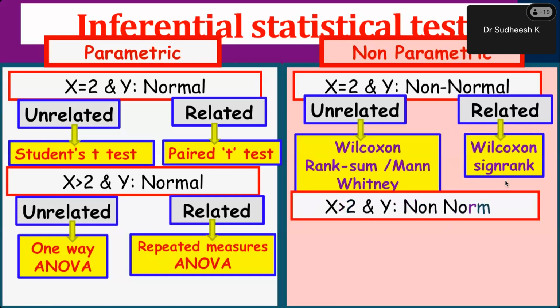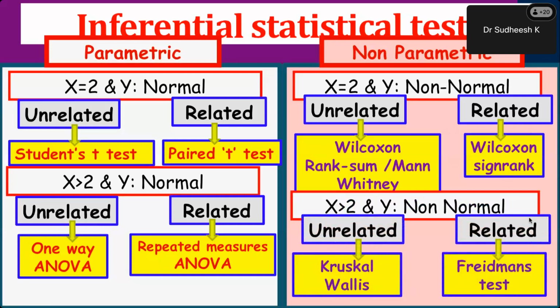Suppose you have more than two groups with a non-normal or skewed distribution, you go for the Kruskal-Wallis test if they are unrelated, I mean group A versus group B versus group C. If they are related variables, for example within group A only, 0, 5, 10, 15 minutes comparison, you apply Friedman's test.